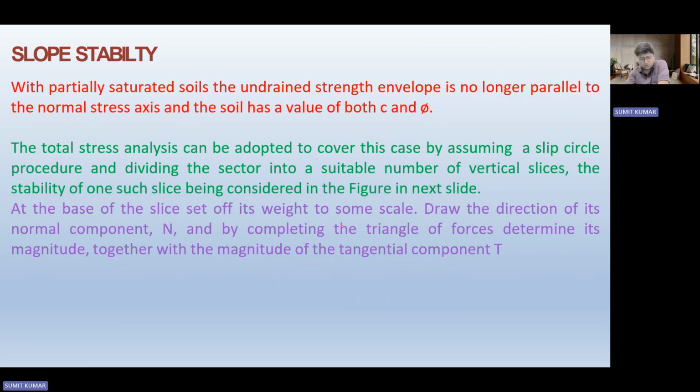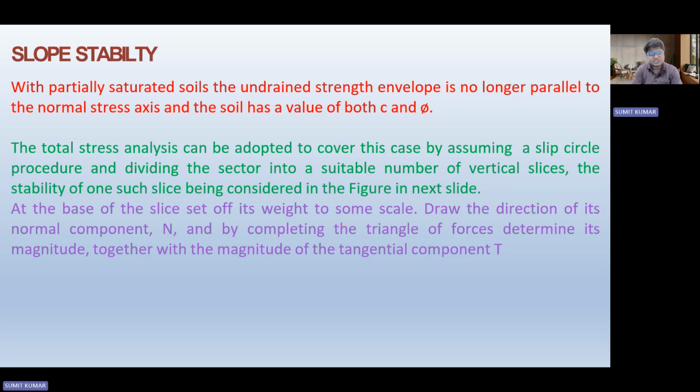Over here only the total stress analysis can be adopted, by assuming a slip circle procedure and dividing the sector into a suitable number of vertical slices. The stability of one such slice is considered in the figure in the following slide, as I have shown earlier.